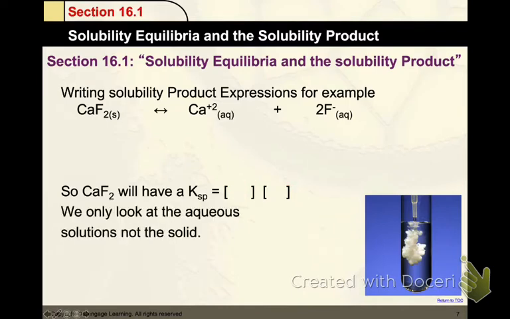Again, we're only looking at the aqueous solutions because we don't include solids in equilibrium constant expressions.